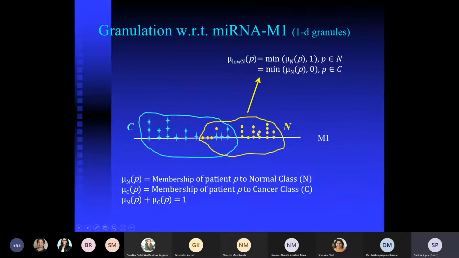What is the extent to which they can be considered sure to belong to the normal class? Here we compute the minimum of all the membership values and 1 if the patient P has come from normal, because it is supervised. For these yellow patients, I take the minimum of their membership values for the normal class and 1.